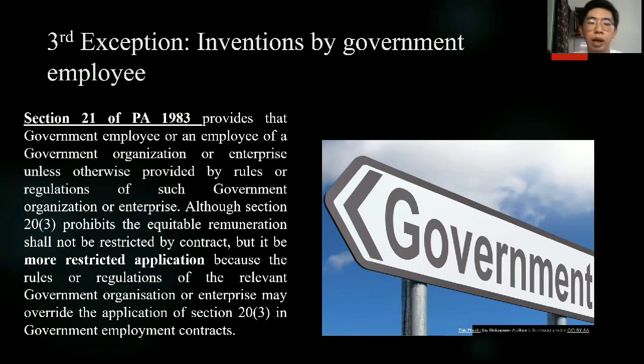And even though section 20 subsection 3 prohibits restriction on the equitable remuneration, in practice the government regulation is more restrictive. This means in practice, the government employee will not only not have the right to the patent for his invention, but might also not have equitable remuneration according to the government regulations and rules.